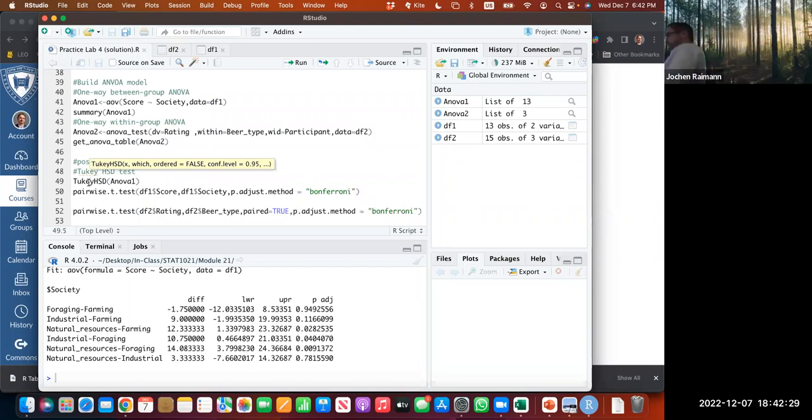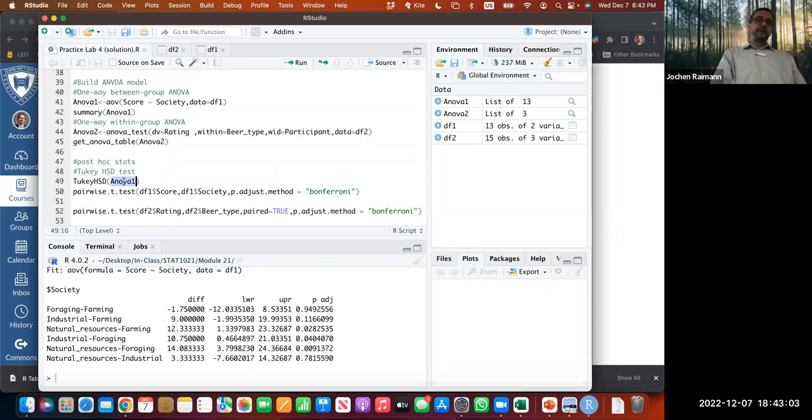So the Tukey honest significant difference test calculates an SM, which is basically almost a standard error of the mean: the square root of the total variance divided by the sample size minus one minus the number of groups minus 1.